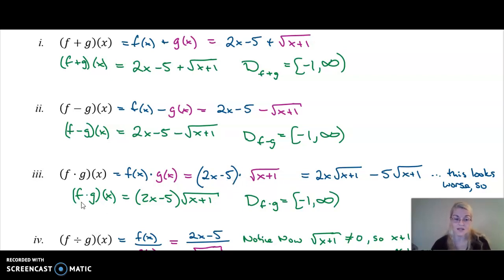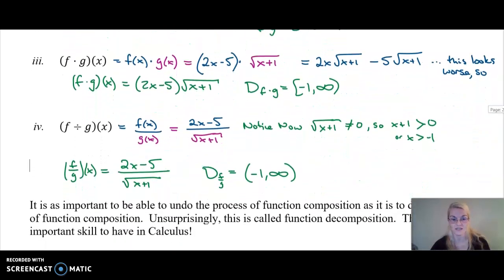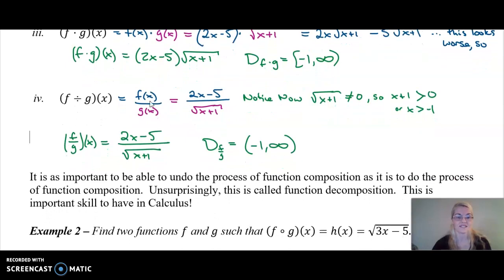So the product of f and g is 2x minus 5 in parentheses times the square root of x plus 1. And again, the only place we're having issues in our domain is coming directly from g, so the domain is the same.